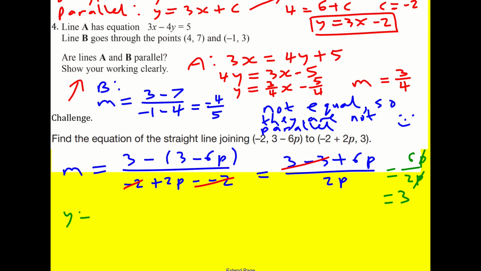Then I can write down that y is equal to 3x plus c, just like before, and substitute one of the points in. It doesn't matter which one. Let's put in the x one. Probably the x one's a bit nicer because then it's 3 times minus 2 rather than being 3 times all of this.